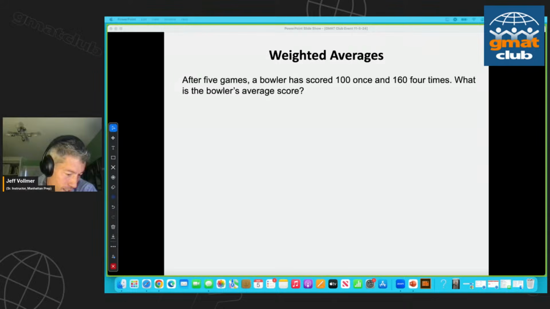Very good. Is there a trick in distance-wise if there are more than 2 distinct numbers? So if the bowler got 100 and 120 and then 160 four times, it's much harder to do this when there are more than 2 components. When there are 3 or 4 components, it's really tough to do a weighted average problem with these tricks. There's a way, it's probably not worth describing.